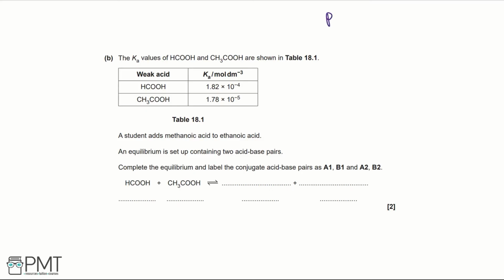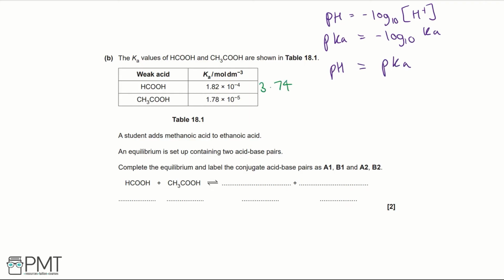So pH is calculated with -log10 of the concentration of H+, and pKa is equal to -log10 of Ka. And pH and pKa are equal to each other. So we can work out pKa. So working out pKa, you get 3.74 and 4.75. So we can tell that methanoic acid is the stronger acid because it's got a lower pKa.